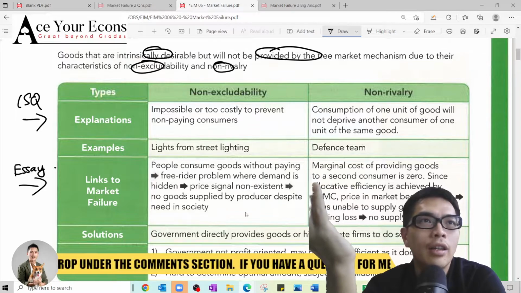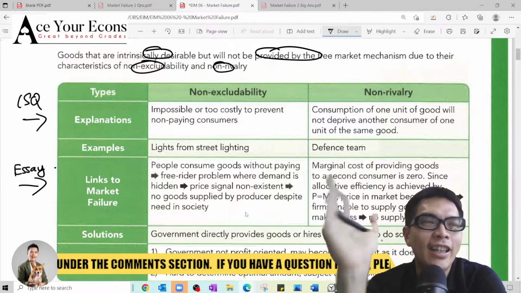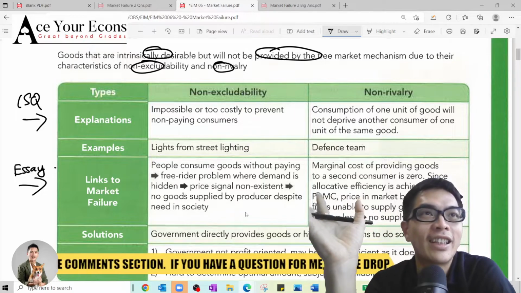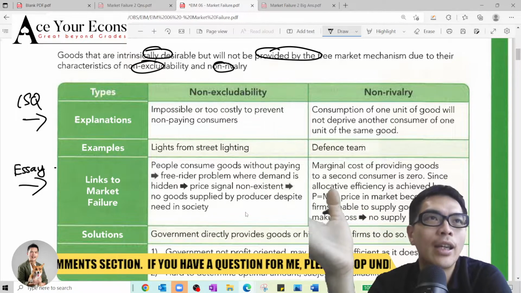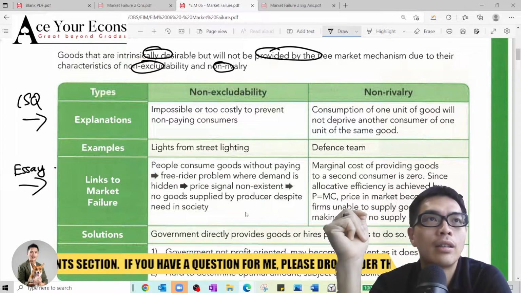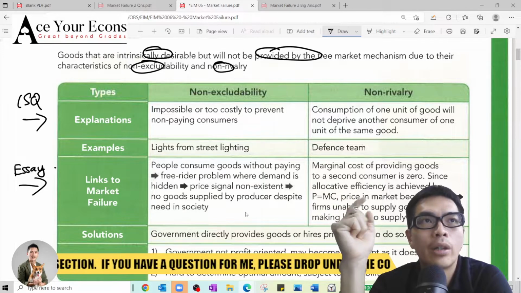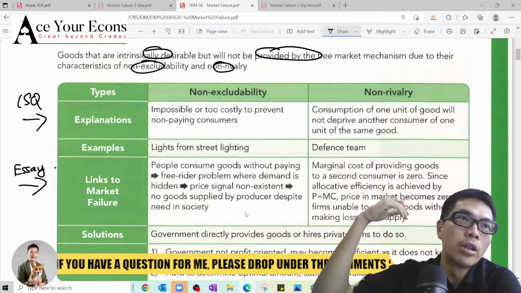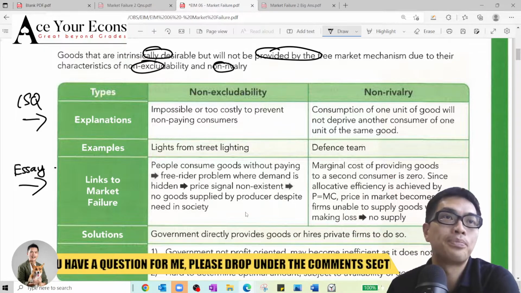Without using illegal means, we cannot prevent Kek Ming from consuming street lighting as a non-payer. Agreed?